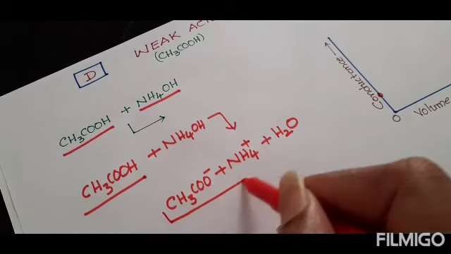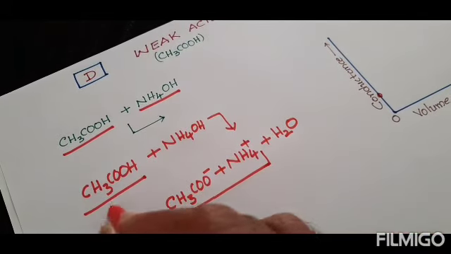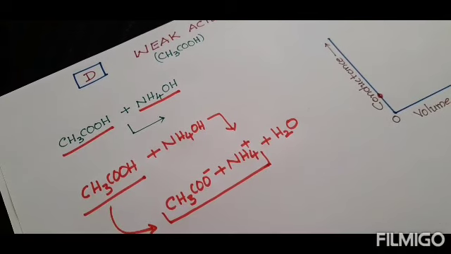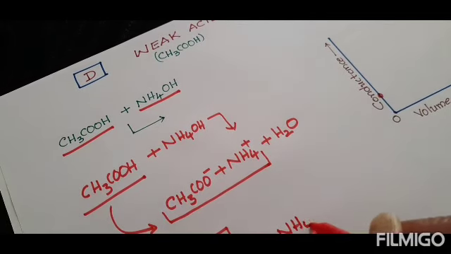The system changed from acetic acid to acetate ion. Initially we have CH3COOH, a poor electrolyte. Because of titration, CH3COO minus and NH4 plus ions will form.